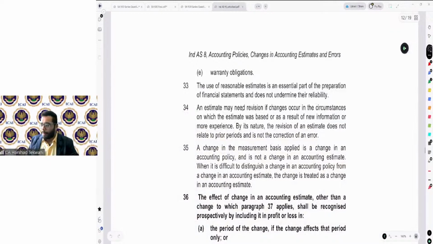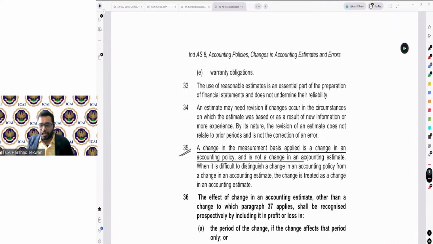This is NDSA. If you refer to para 35 of NDSA, it says that a change in measurement basis applied is a change in accounting policy, not a change in an accounting estimate. That means when you change a measurement basis, it's a change in accounting policy, not in the estimate.